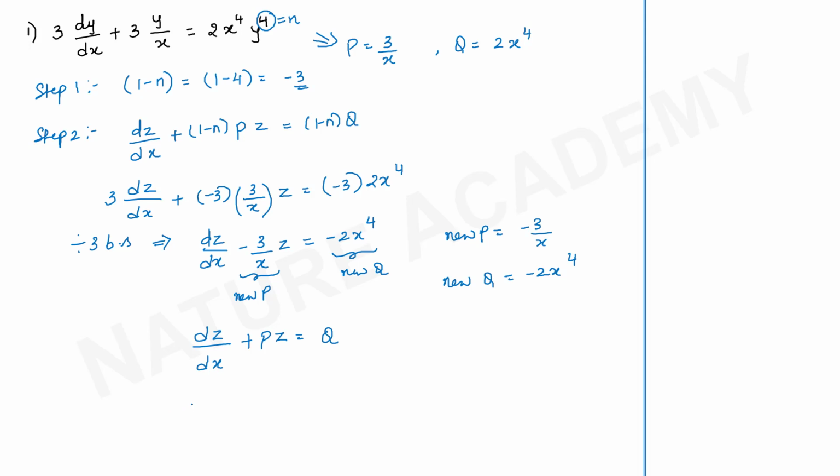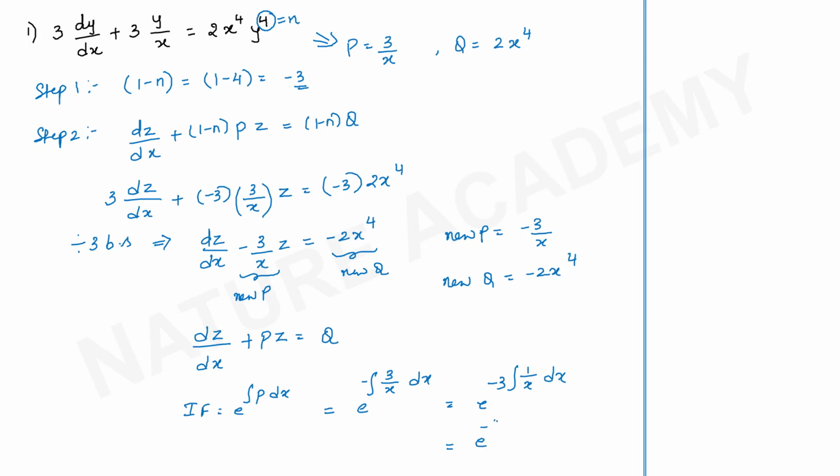Now proceed with finding the integrating factor and then the general solution. First find the integrating factor, which is equal to e raised to integral p into dx. We are talking about the new p and new q now. So our new p is minus 3 by x. So e raised to integral, I'll take minus outside, we have 3 by x into dx, or I can also take 3 outside, minus 3 integral 1 by x into dx.